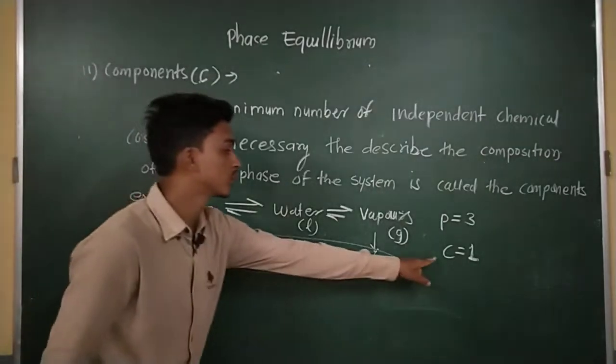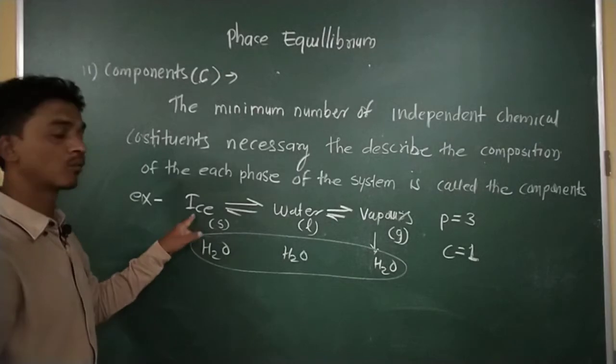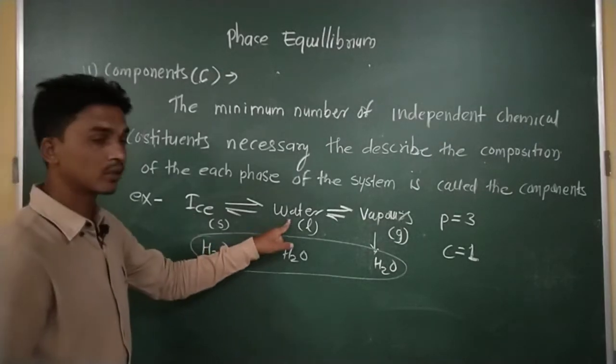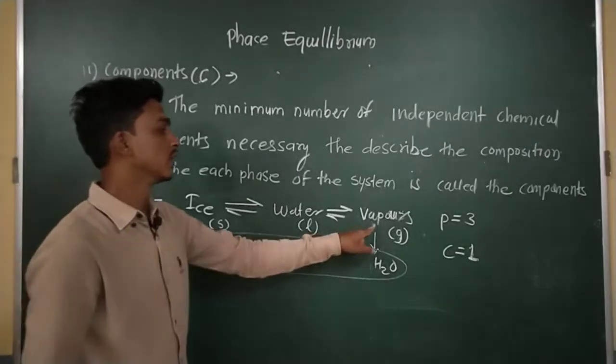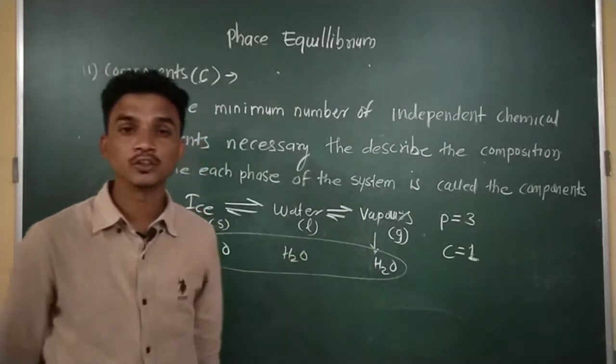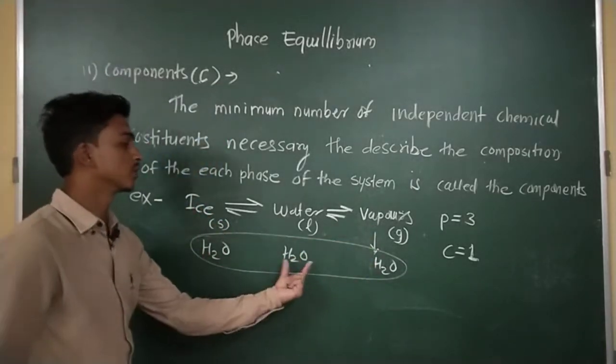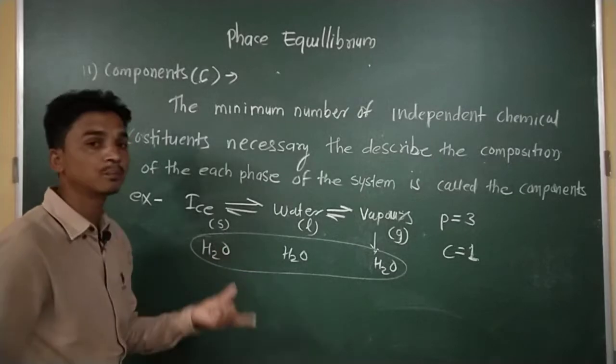Why one component? Because this ice is made from H2O, water is made from H2O, and this vapor is made from H2O. The same chemical component is present in each phase.